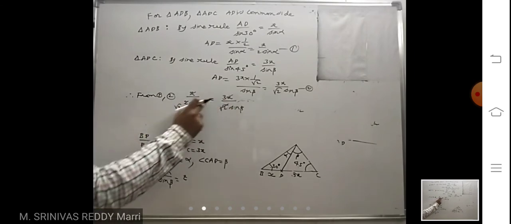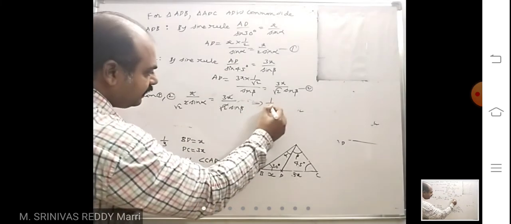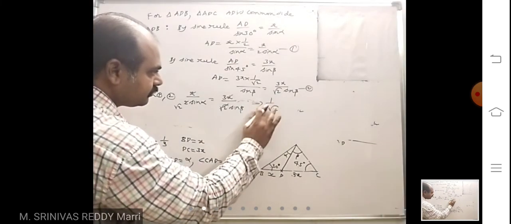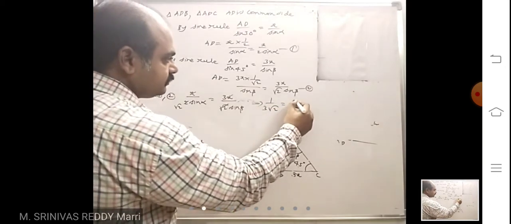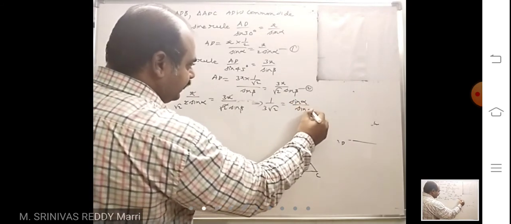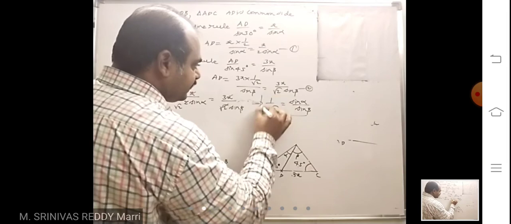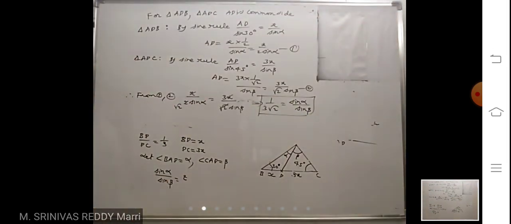Right? So this 3 I am bringing this side and sine alpha that side. That implies 1 by 3 root 2 equals sine alpha divided by sine beta. This is your required answer. What he is asking to calculate, sine alpha divided by sine beta, is nothing but this one.